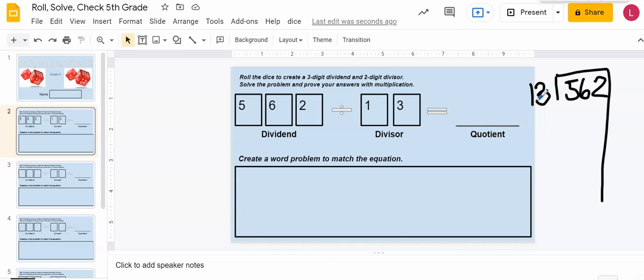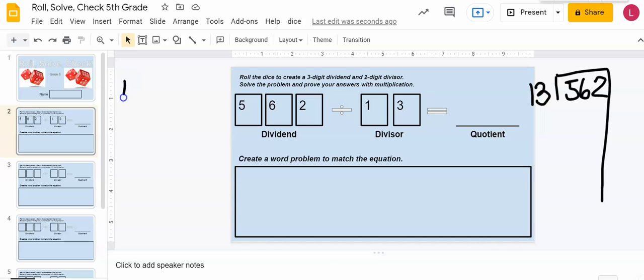I'm thinking 13 times 1 would be 130. That would take me a while. So I'm going to break that up.